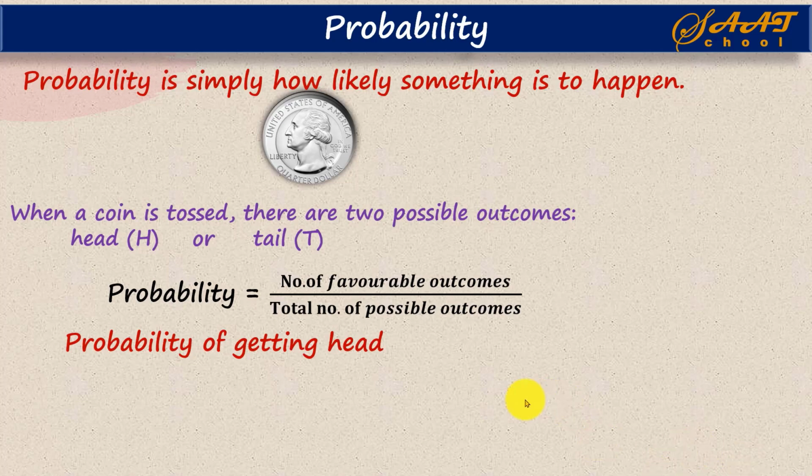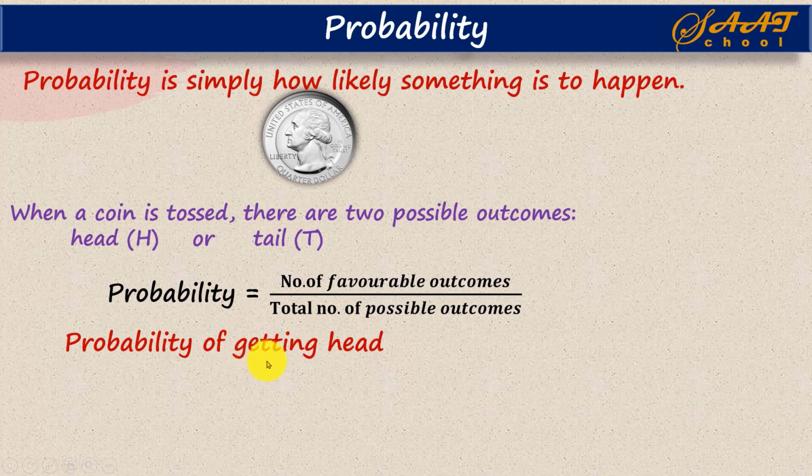So the favorable outcome in getting probability of head is 1. The reason is getting head, that is what we are looking for. Favorable outcomes mean something that you are looking for, and we are looking for getting head.